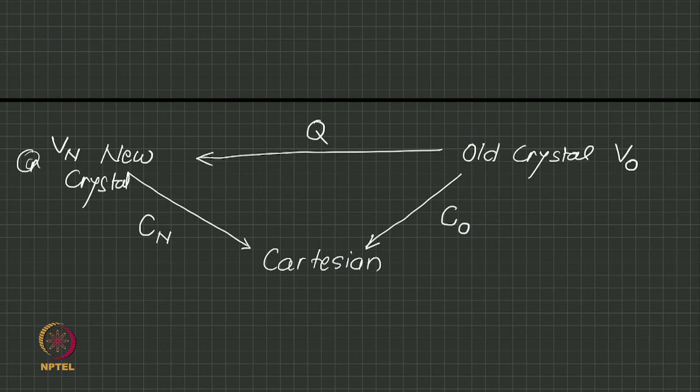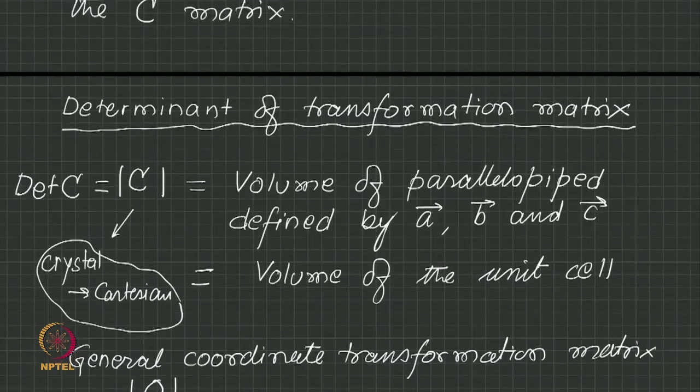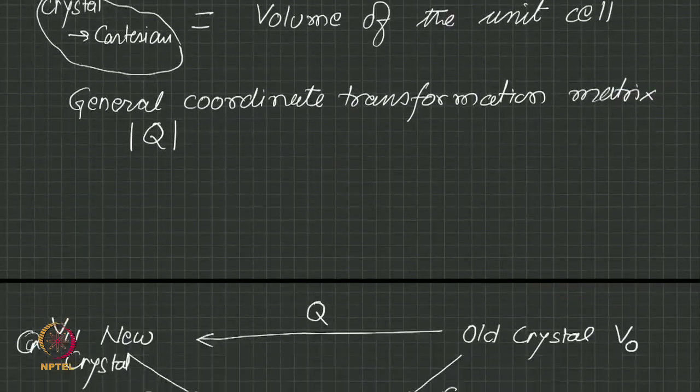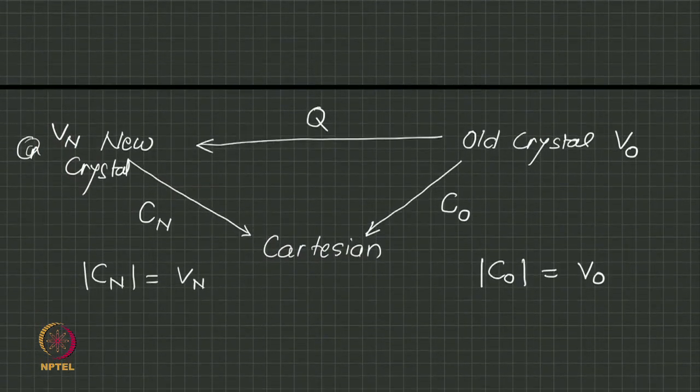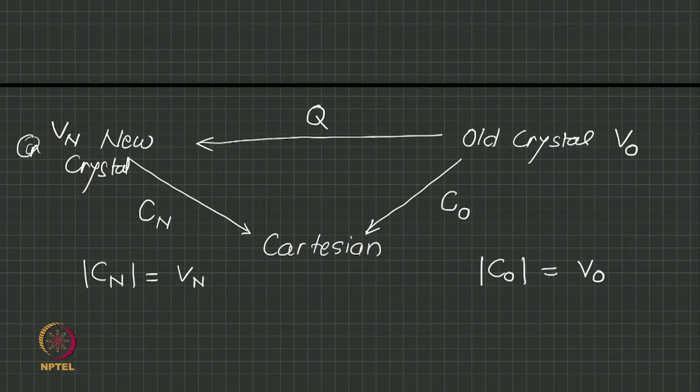We have determined that the determinant of C old is V old, and the determinant of C new is V new, since C old and C new have the column vectors A, B, C, so the determinant is the volume. What we want to find out is the determinant of Q.